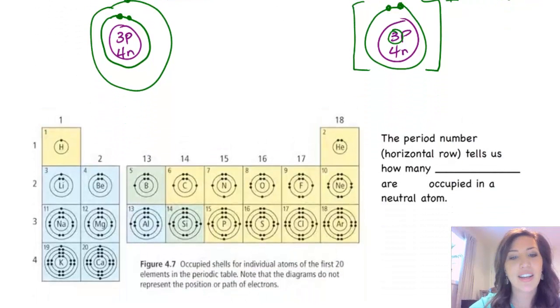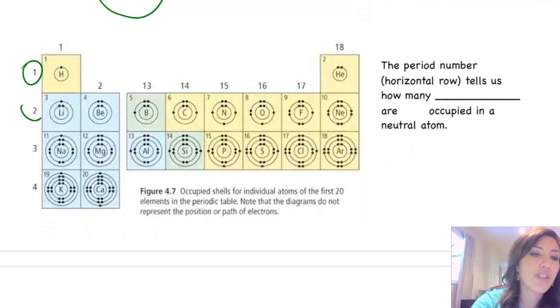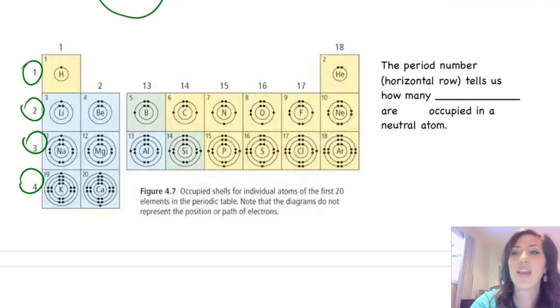Now here in figure 4.7 we have a periodic table drawn as Bohr diagrams for many of our elements. The period number, which are the horizontal rows on the side here, tells us how many electron shells are occupied in a neutral atom.